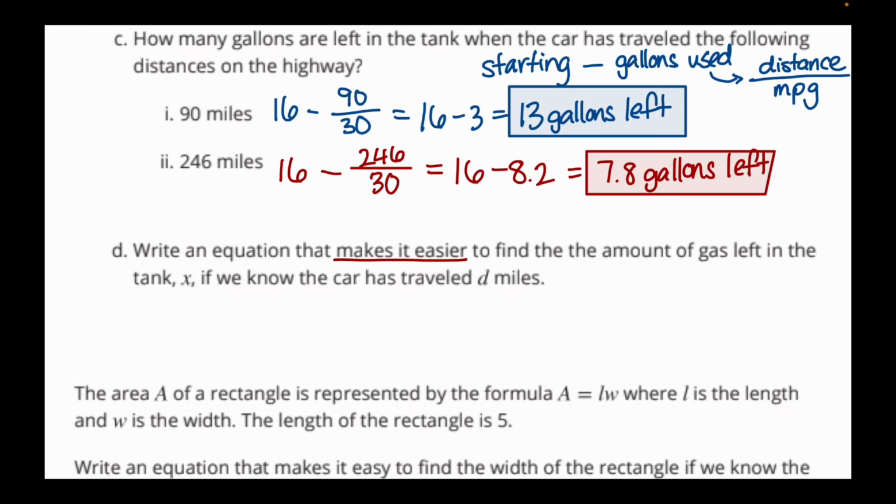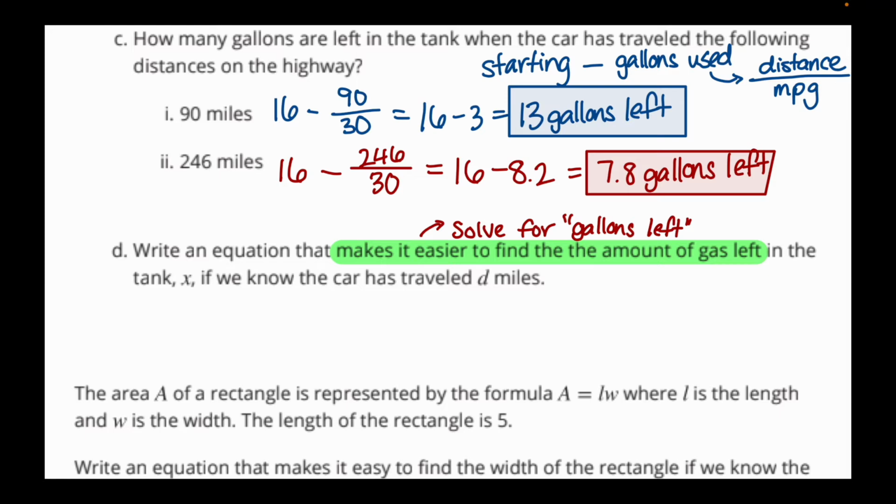So when they say makes it easier to find, let me erase this and underline or highlight more of this here. This phrase, makes it easier to find the amount of gas left, is actually mathematical code, I suppose, for saying solve for the gallons left.